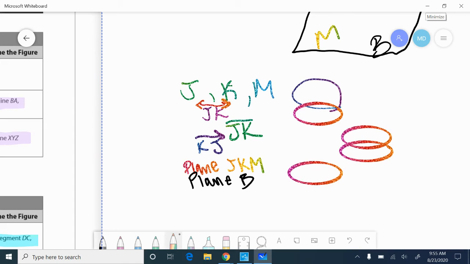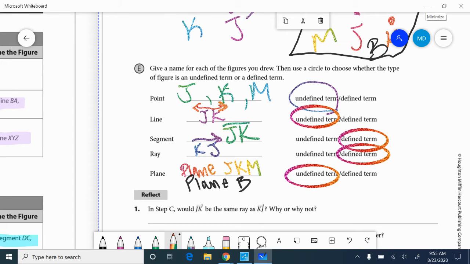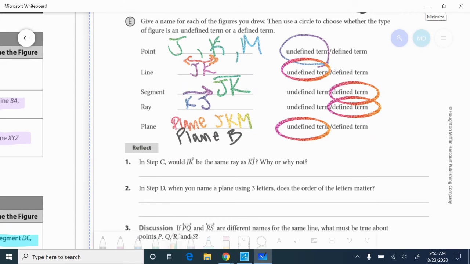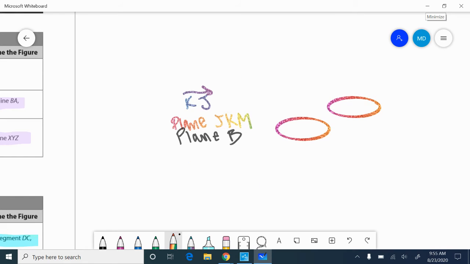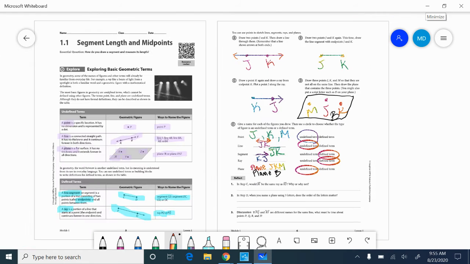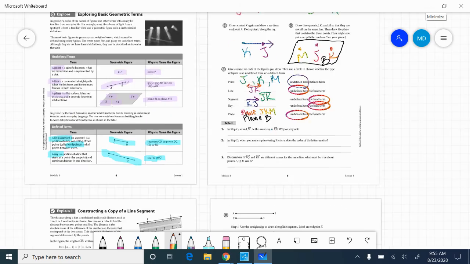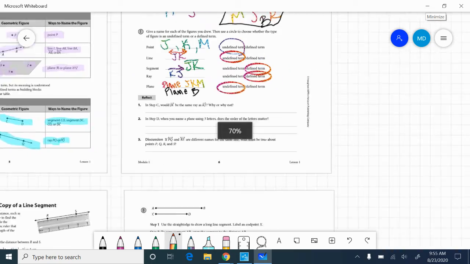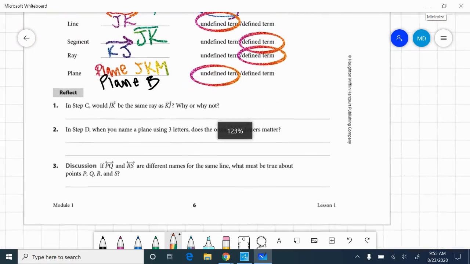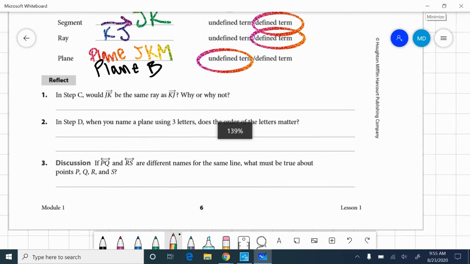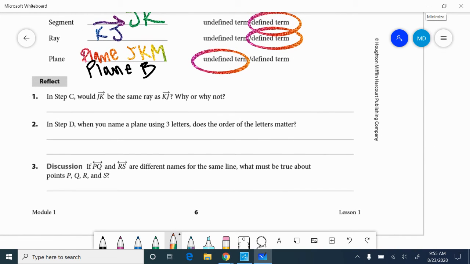So we're going to look at these reflection questions. We're on page 6. And I'm going to zoom in because I do want to be able to type so you can read my writing. I know it's a little bit tough. I'm trying to use the stylus, but I can type into these so you guys have some notes.